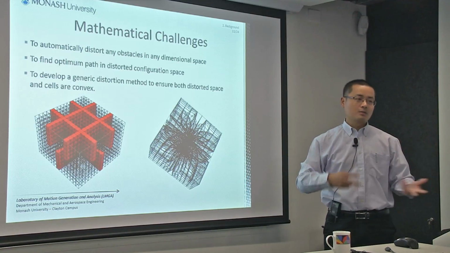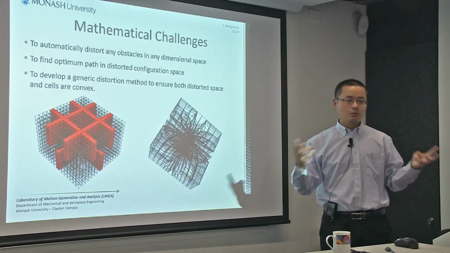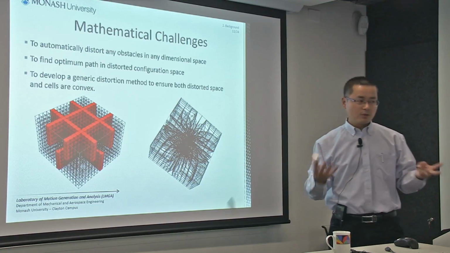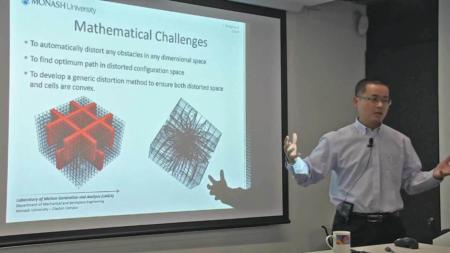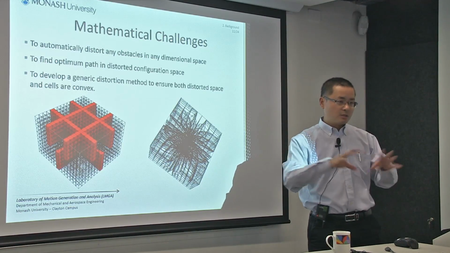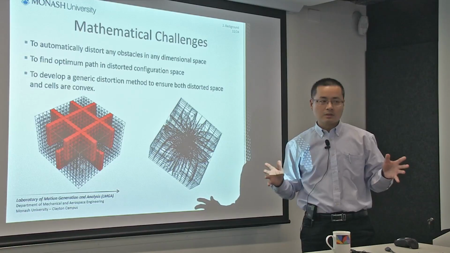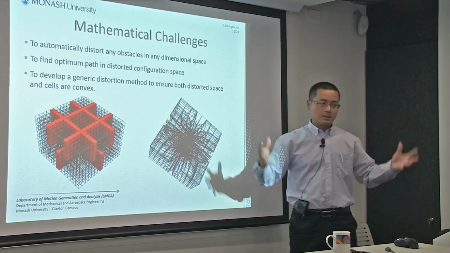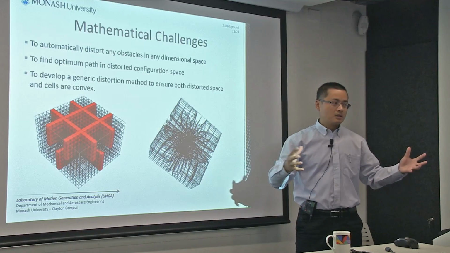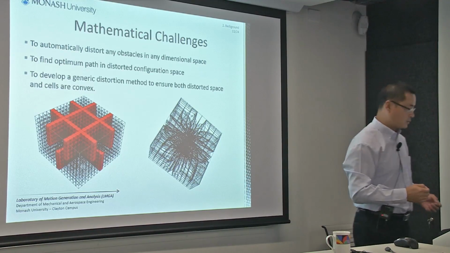For 2-dimensional and 3-dimensional, we can still visualize, but in robotic systems, we frequently encounter 6-dimensional or 7-dimensional configuration space, which is completely out of imagination. So if we can develop this kind of automatic method, then that would be really great and beneficial.